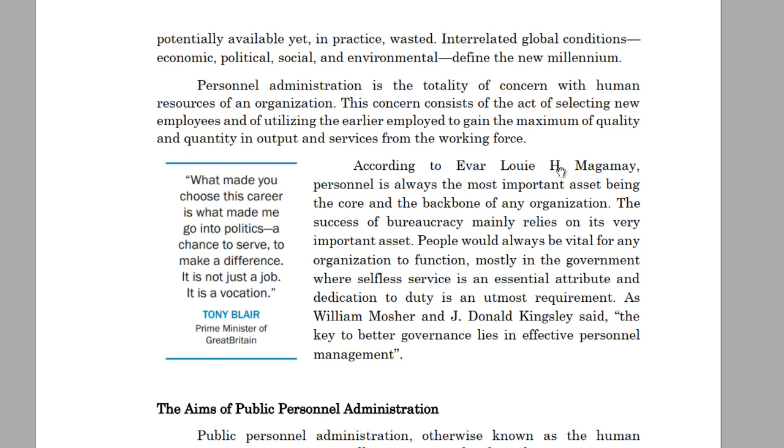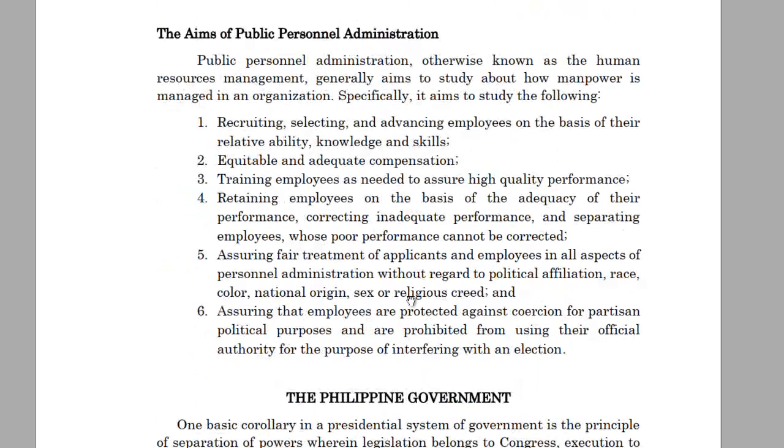According to Magamay, personnel is always the most important asset because we are the core and the backbone of any organization. All organizations won't operate without the public personnel, from the top management up to the lowest, from the regular and permanent up to the casual and job orders.